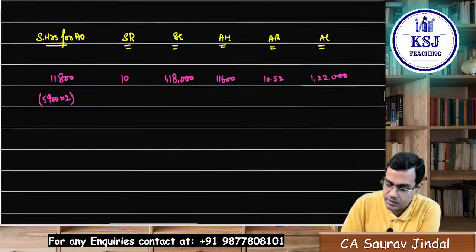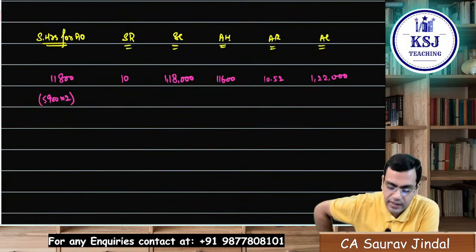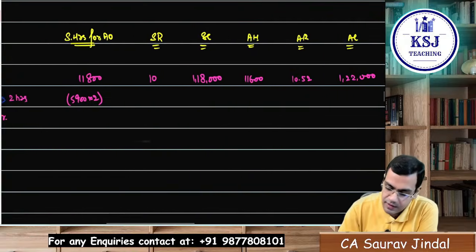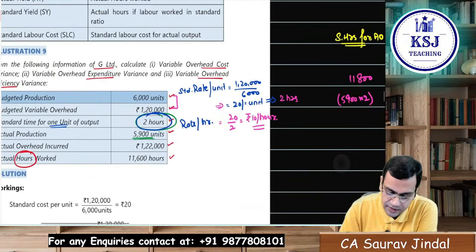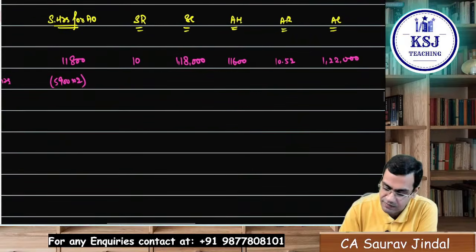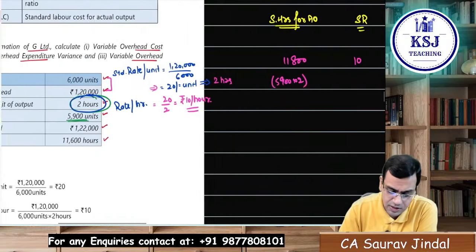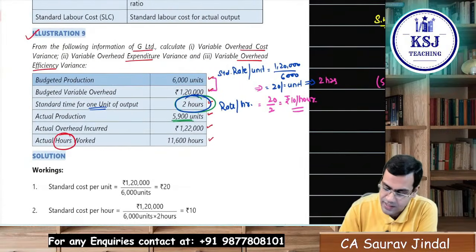Clear? So you can easily calculate now the variable overhead variances. Please be careful while calculating the variable overhead expenditure variance, or the rate variance. One is the cost variance, one is the efficiency variance dependent upon the hours.